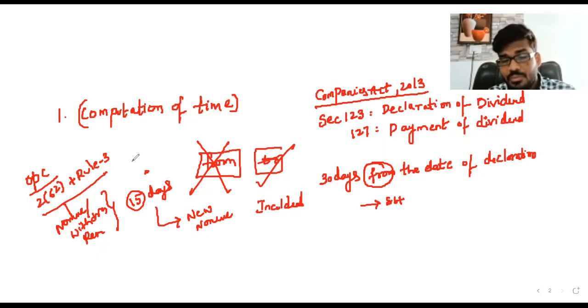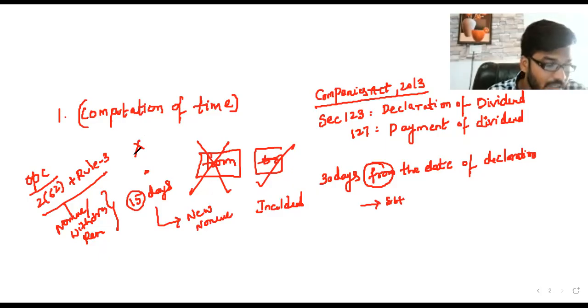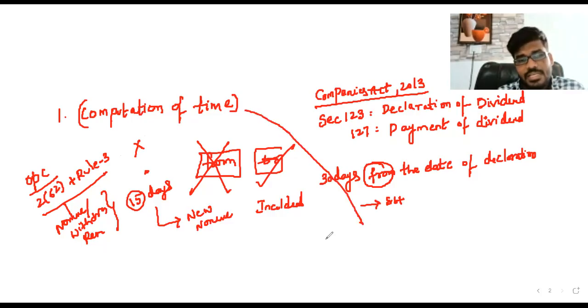Okay, so whenever you use the words from and to, the first series of days is excluded and the last series of days is included. And also, in the computation of this particular time, the first series of days is excluded. Yes, sir, correct.